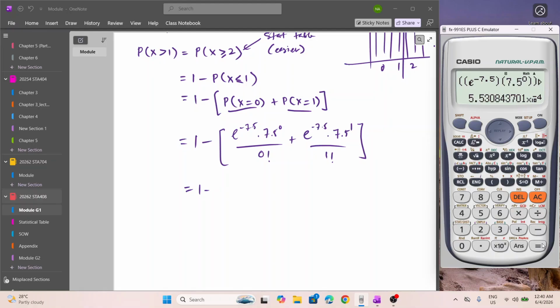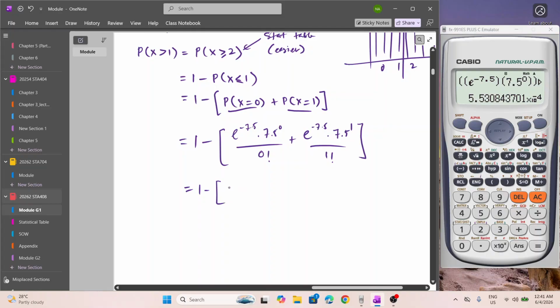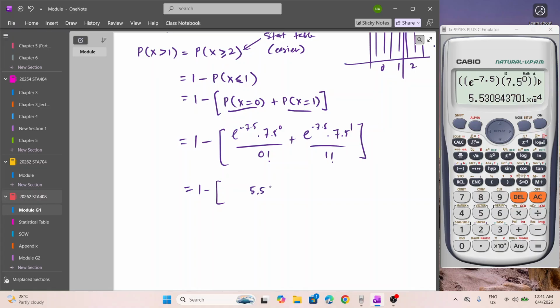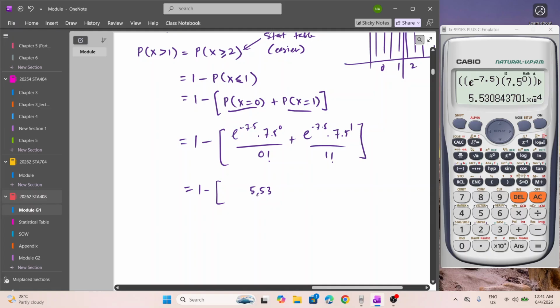So the value is 5.53 times 10 to the power of negative 4. I have also shown you this before, 5.53, right? Negative 4 means that you have to move the decimal point 4 places to the front. 1, 2, 3, 4. So it is 0.000553.